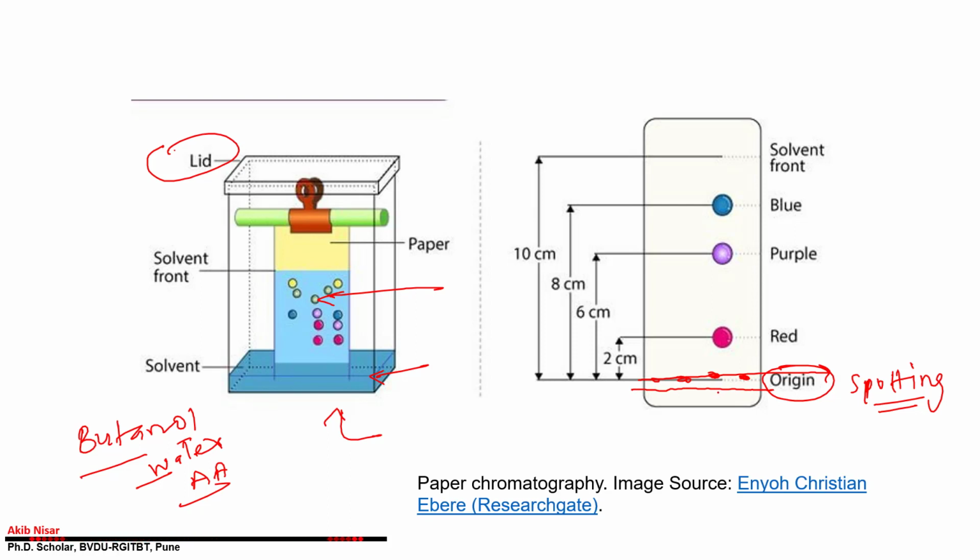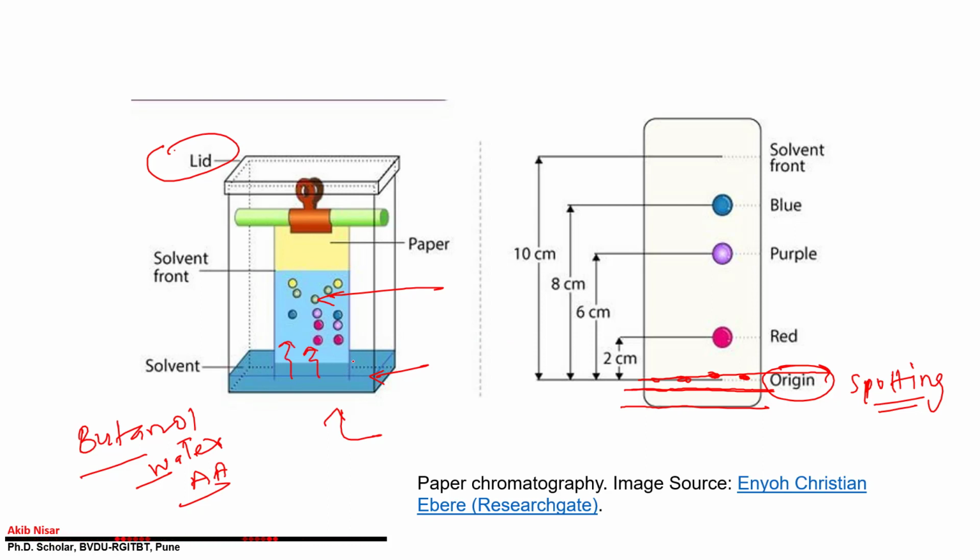So you have to keep this paper very carefully in the solvent, and remember one thing, you have to leave 1 to 2 centimeters of space from the bottom of the paper to the spotting line or origin line. So dip the paper very carefully, and as soon as you dip it, you have to leave this setup for 3, 4, 5, 6 hours, and during that time the solvent runs upward through the paper. It's just capillary action.